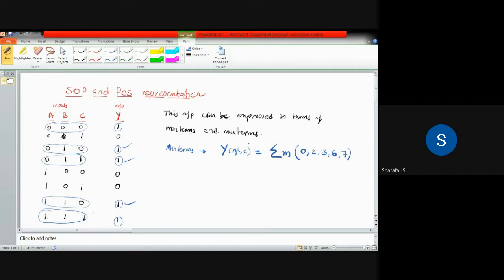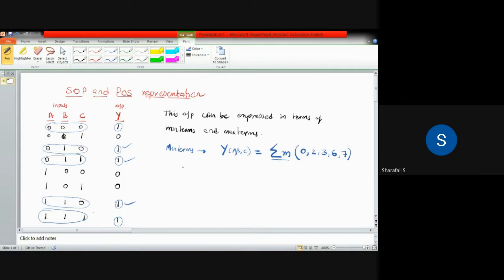Okay? And this summation, as we know, is coming from that sum of products form. Okay. So how we can express this in SOP form?